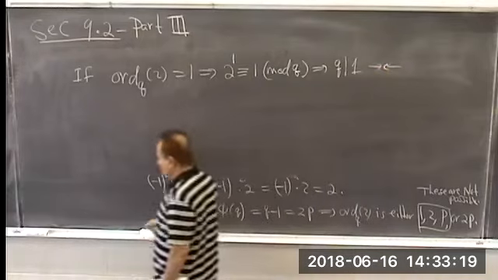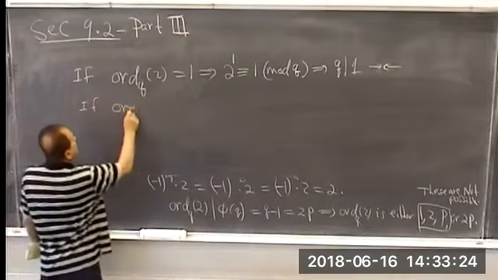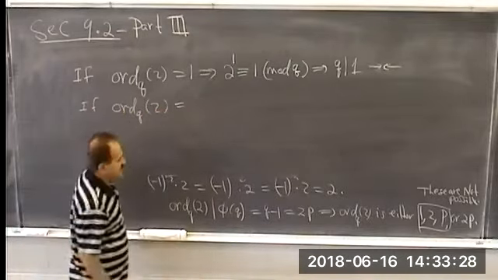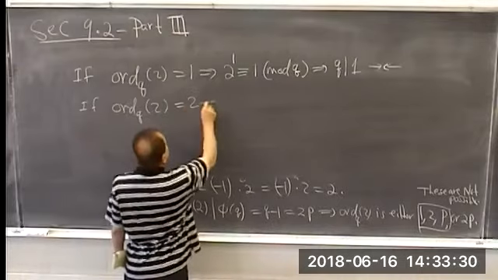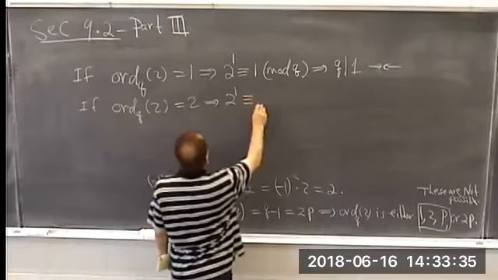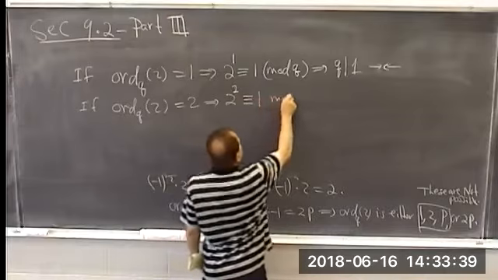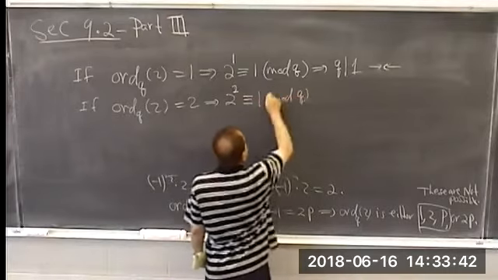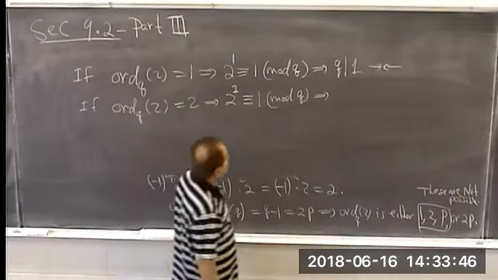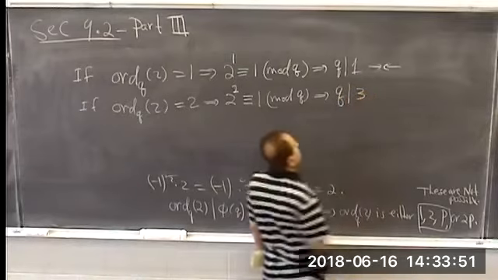The other case: if the order of 2 is equal to 2, this implies that 2 squared is congruent to 1 mod q, and this would imply that q divides 3.